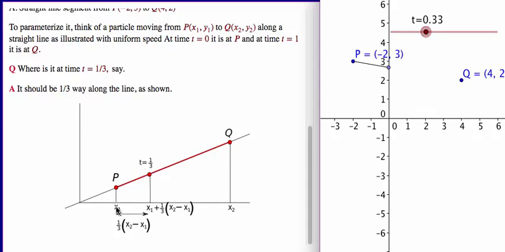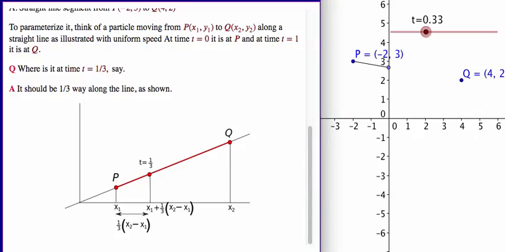Add that to x1 and you get the x-coordinate of this point that I'm interested in. So at time t equals 1/3, the x-coordinate would be x1 plus 1/3 of the difference. And good grief, I've just come up with a formula for the x-coordinate at time t equals 1/3, haven't I?